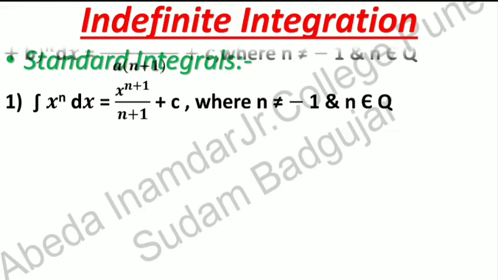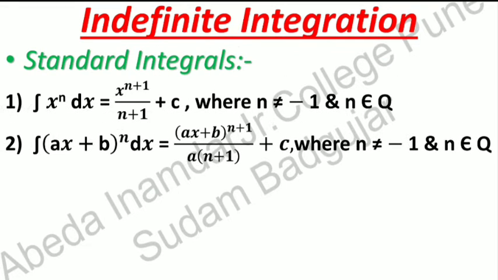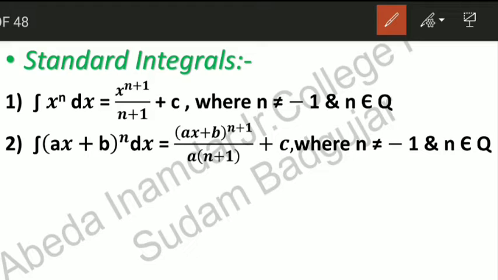Now, formula number 2, the integration of (ax plus b) raised to n is equal to (ax plus b) raised to n plus 1 upon (n plus 1) into a, plus c. What is c? Integration constant, and here n is not equal to minus 1 and n is any rational number or real number. Suppose n is equal to minus 1 here, what happens in this case?